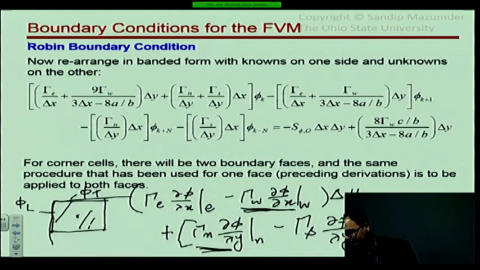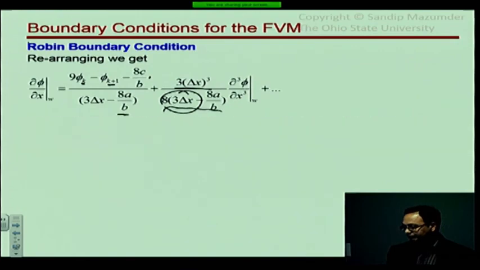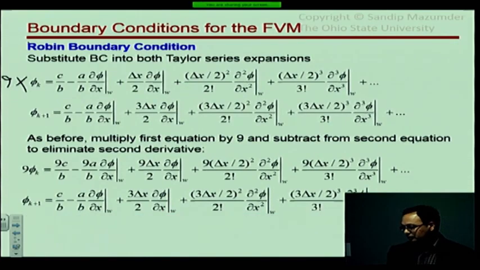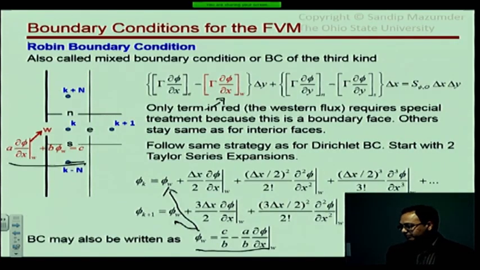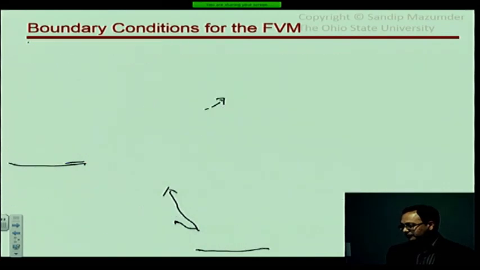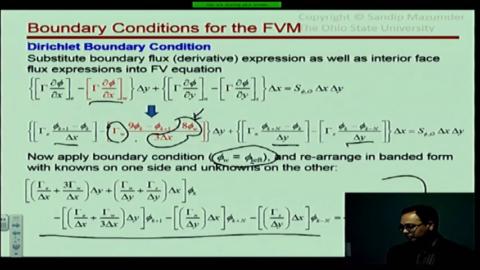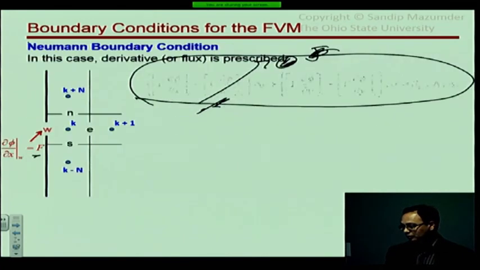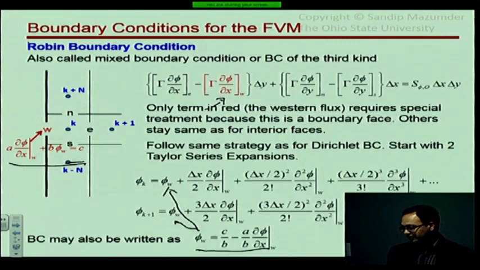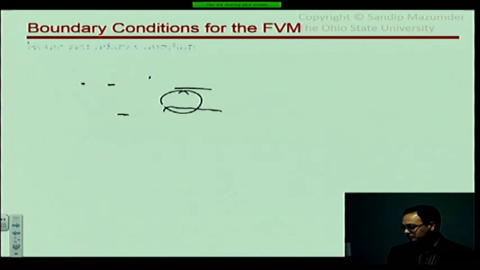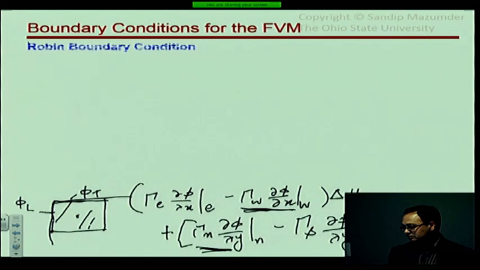Okay, so for the western face of the control volume, the treatment is exactly what I had for Dirichlet boundary conditions up on top, right here. Okay, I'm going to plug in that expression. Nothing has changed. So that will go in for the western face, right here.